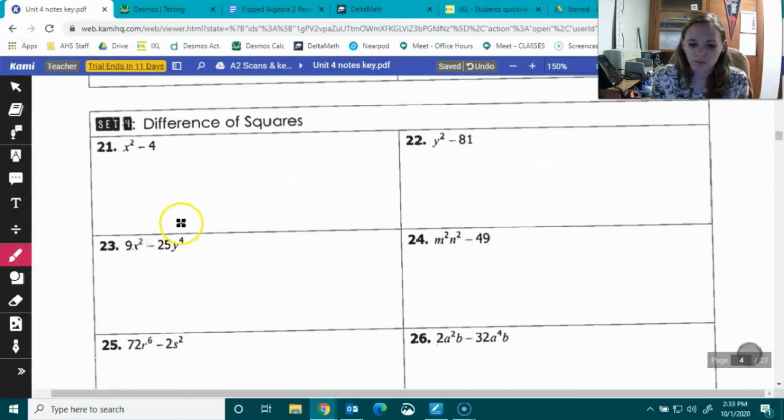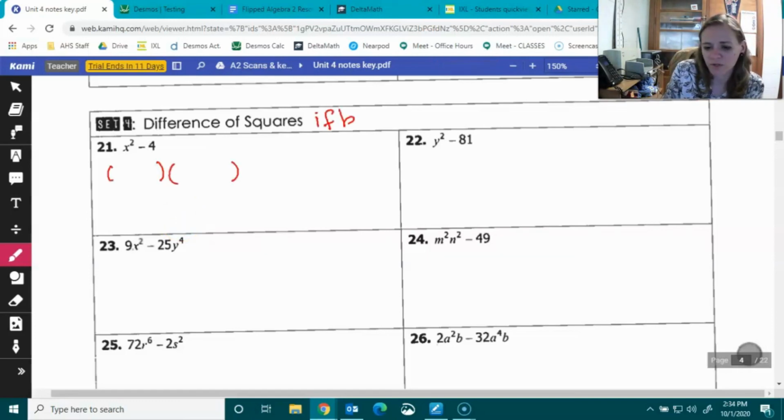And one other thing I do want to mention is difference of squares. We are going to be doing difference of squares, and we're going to learn some more. So all you do for difference of squares is, if both terms can be square rooted or have a perfect square root.